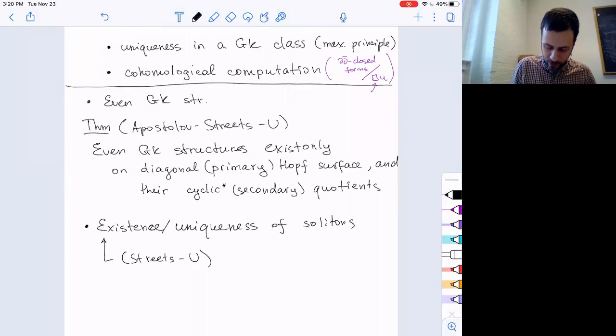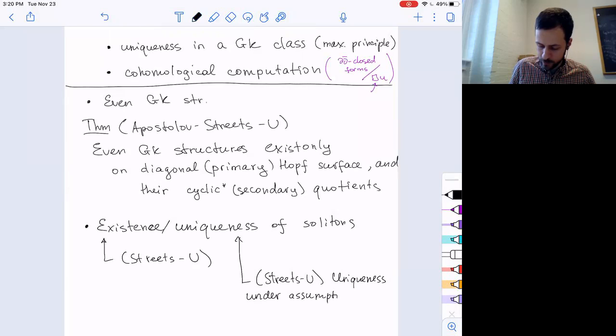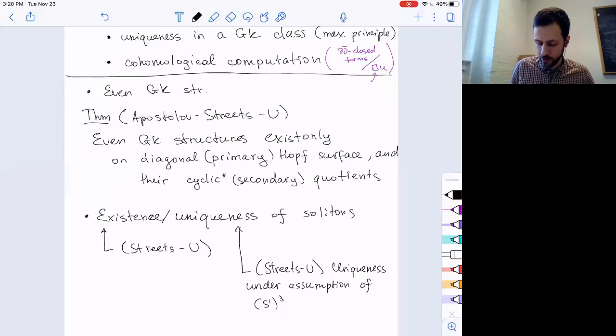What we had regarding uniqueness, again in our paper with Jeff, is that we had uniqueness under the assumption of S1 cubed symmetry.